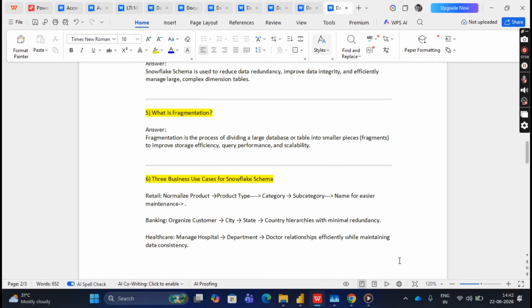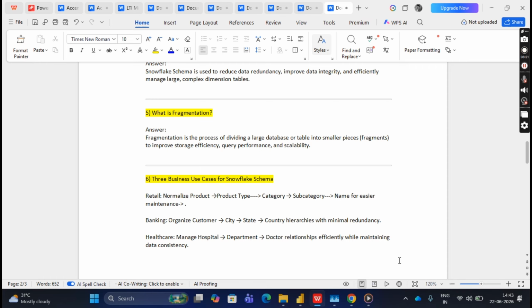In that case, you can go for a Snowflake schema data model because the data hierarchy is very large. Go for Snowflake schema in order to reduce the data redundancy and to improve the data integrity. So the first case is where there is deep hierarchical data. There is a large amount of data and it follows a deep hierarchy.